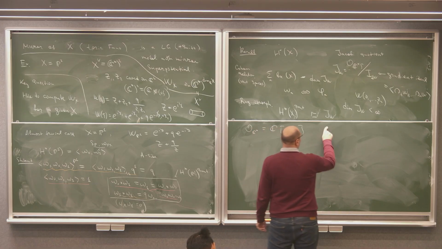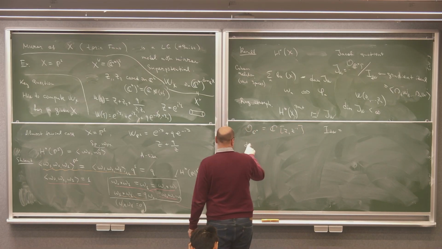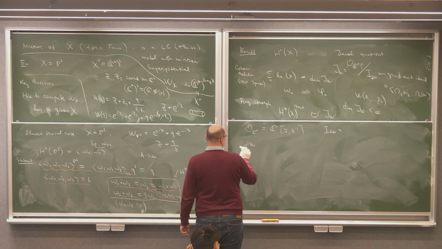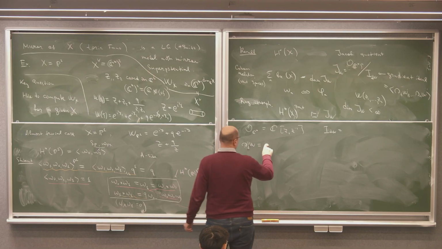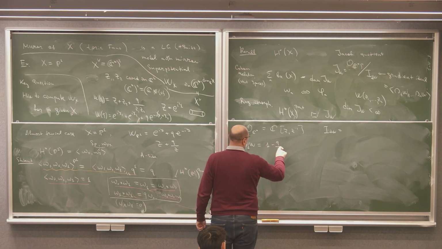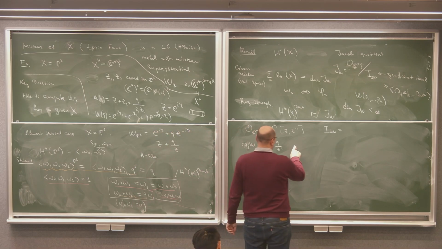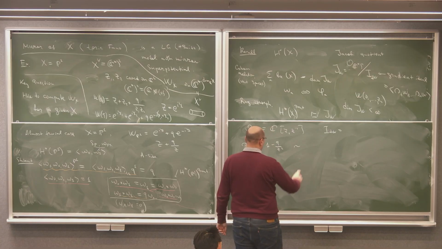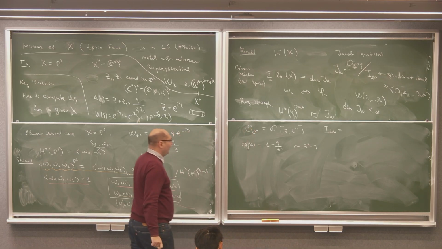And now what is our gradient ideal? We compute the partial derivative with respect to w, and we get 1 minus q over z square, which up to multiplication by z is equivalent to z square minus q.